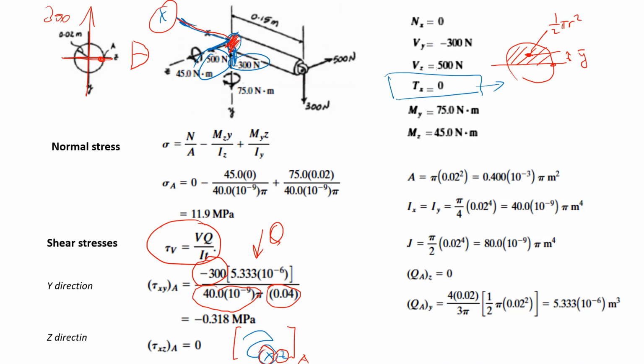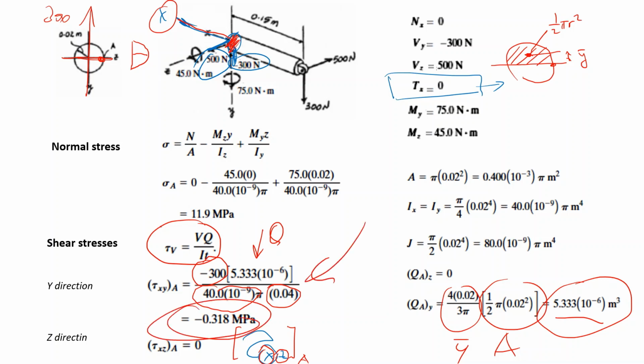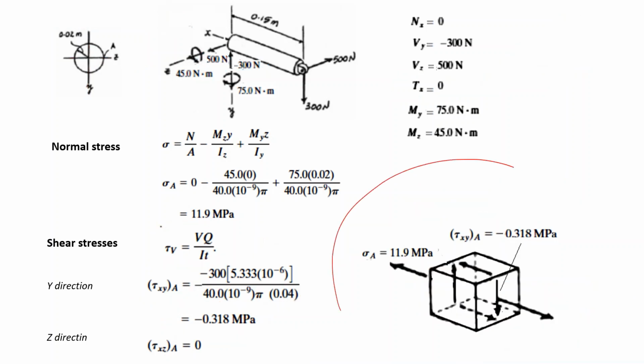This is your y bar, which you can find in geometry books, and this is your A value. The calculation gives you 5333 and minus 6. And if you put all these values in, you find that your tau xy is minus 0.318.